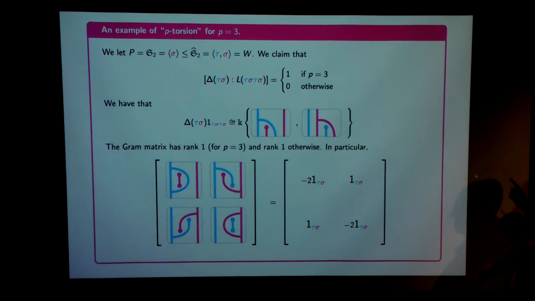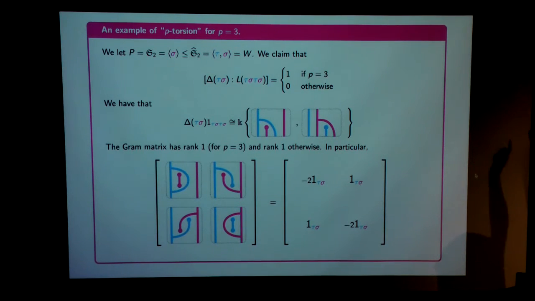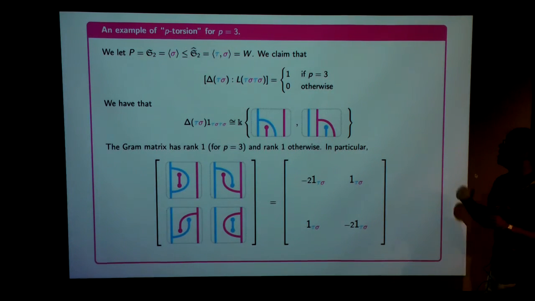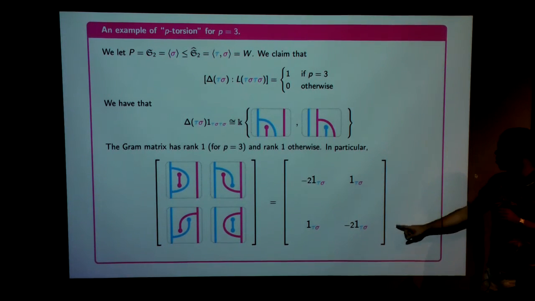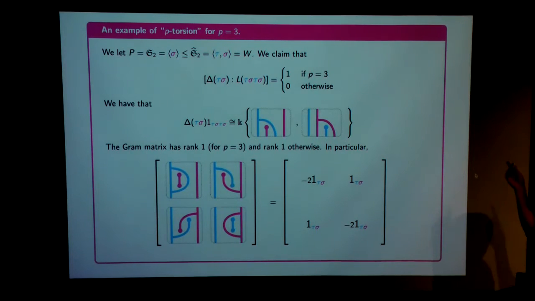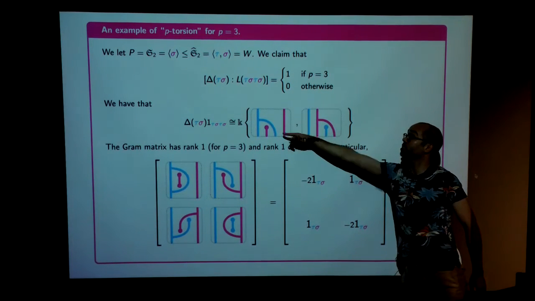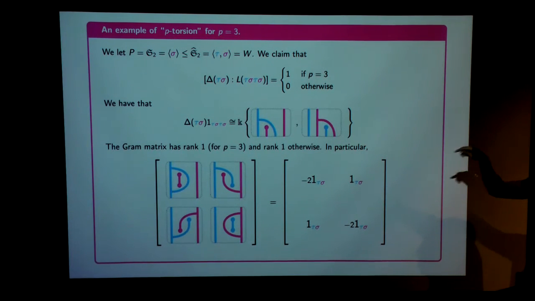And what is the rank of this matrix? It's a 2x2 matrix, and the only p that divides the determinant here is p is 3, right? Because I can always take the matrix. It's got an eigenvalue given by 1 minus 1 when p is 3, but not otherwise. Do you mean rank 2? Yes, rank 2 unless p is 3. So when p is 3, I'm going to get a submodule here given by a linear combination of those two diagrams.